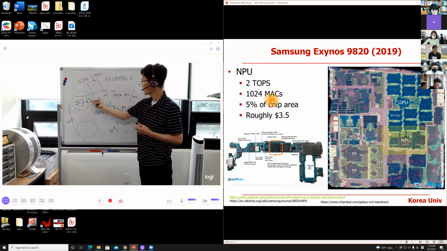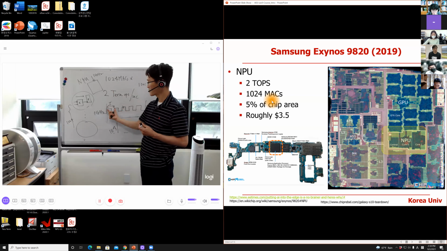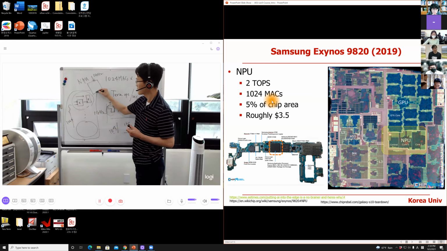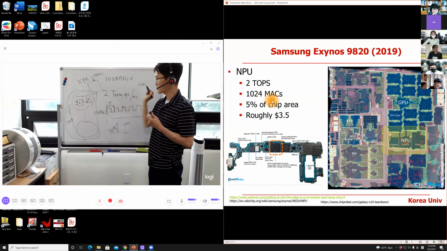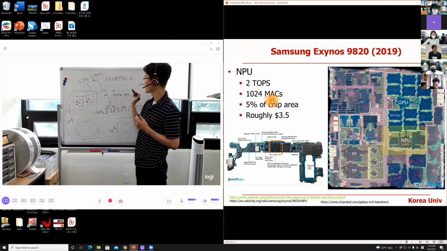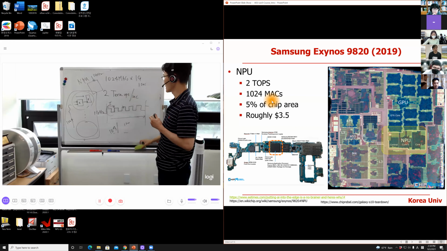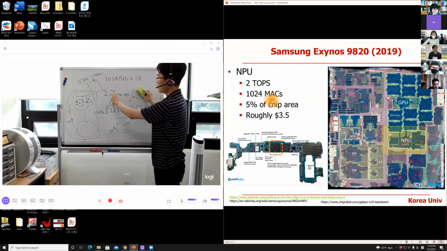So every clock cycle, the NPU does 1024 multiplications.